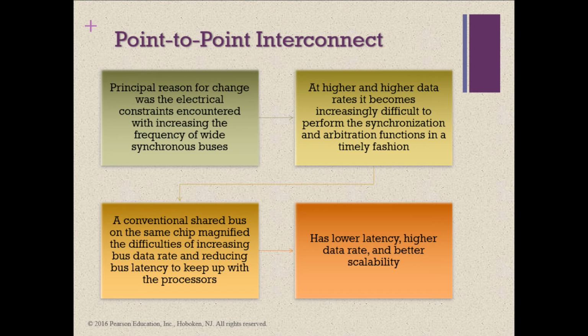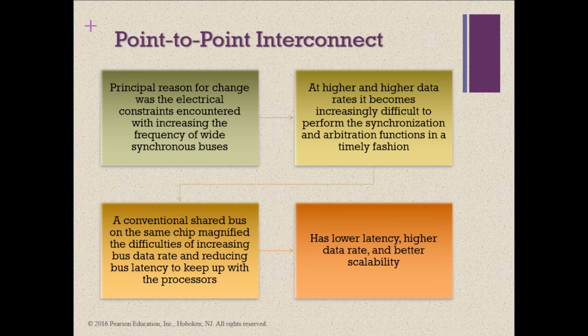Further, with the advent of multi-core chips, with multiple processors and significant memory on a single chip, it was found that the use of a conventional shared bus on the same chip magnified the difficulties of increasing bus data rate and reducing bus latency. Point-to-point interconnect has lower latency, higher data rate, and better scalability. So that's why point-to-point interconnect is also considered.